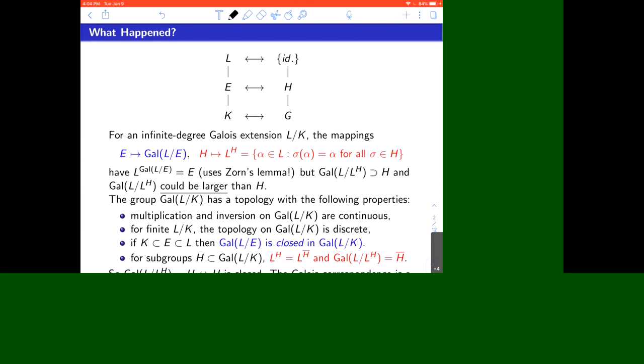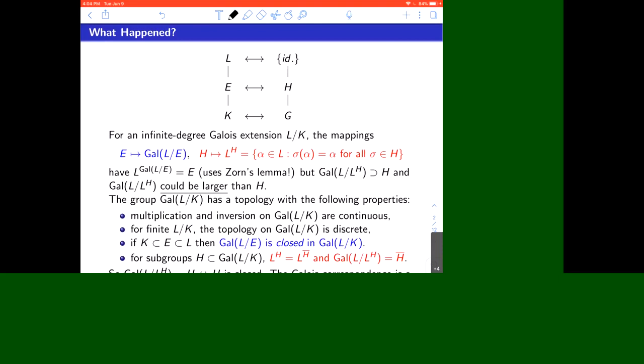But when you go from a subgroup to a field, the stuff it fixes, and then go back to the stuff fixing what H fixes, there could be more stuff that fixes what H fixes than just H itself.